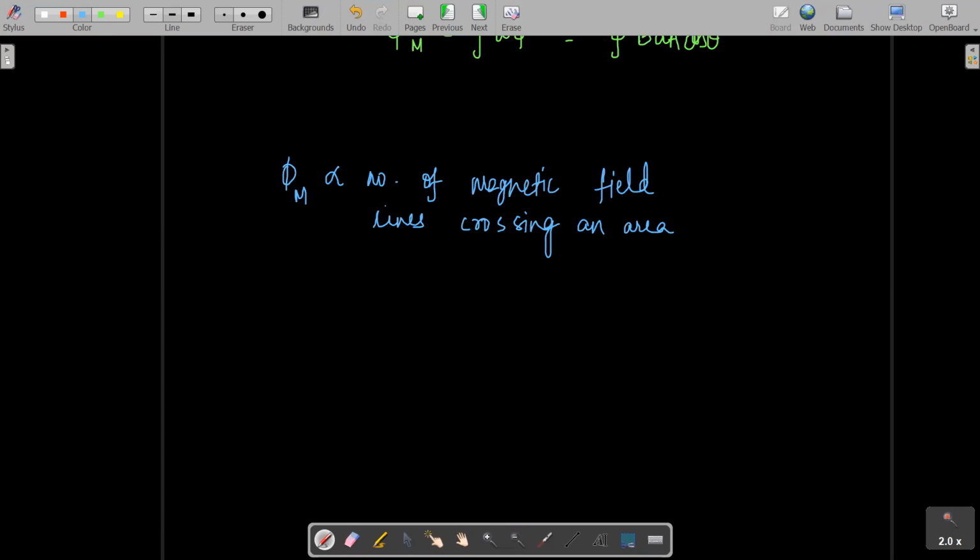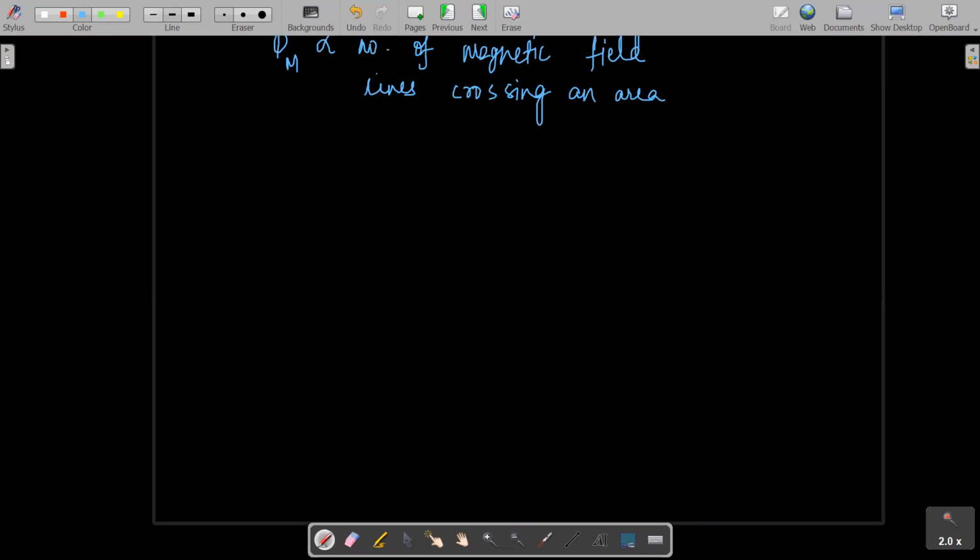Say this is some area A1, and this is some other area A2. Which is bigger or smaller we are not comparing.